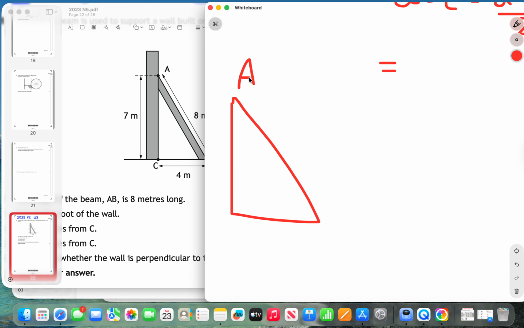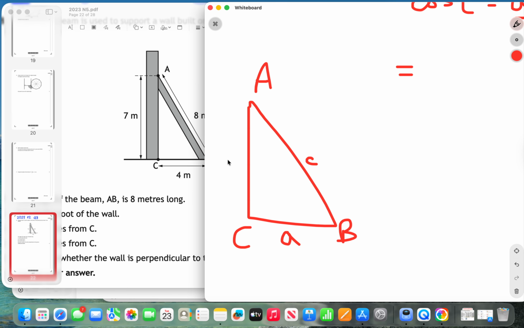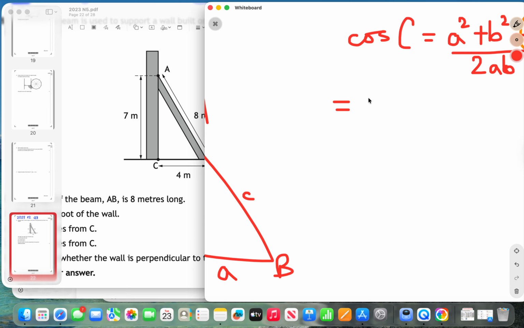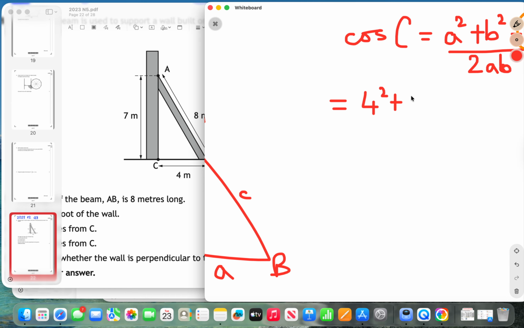So angle A is opposite side A, angle C is opposite side C, and angle B is opposite side B. So side A is 4, so we put 4 squared, plus B will be 7 squared, minus 8 squared. And that's 2 times 4 times 7.